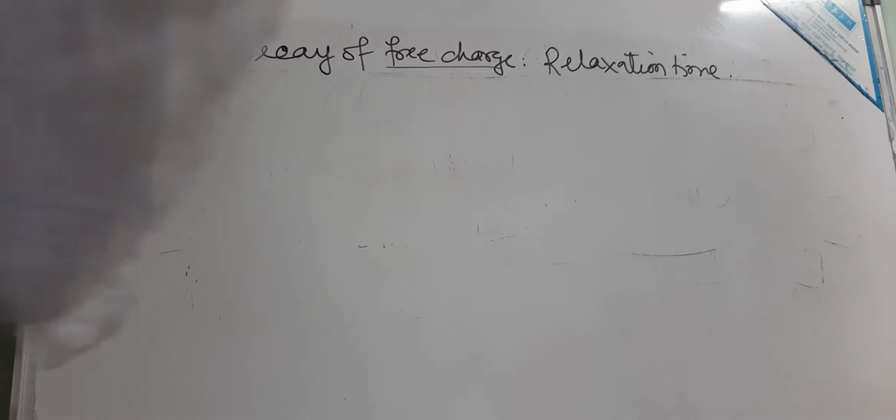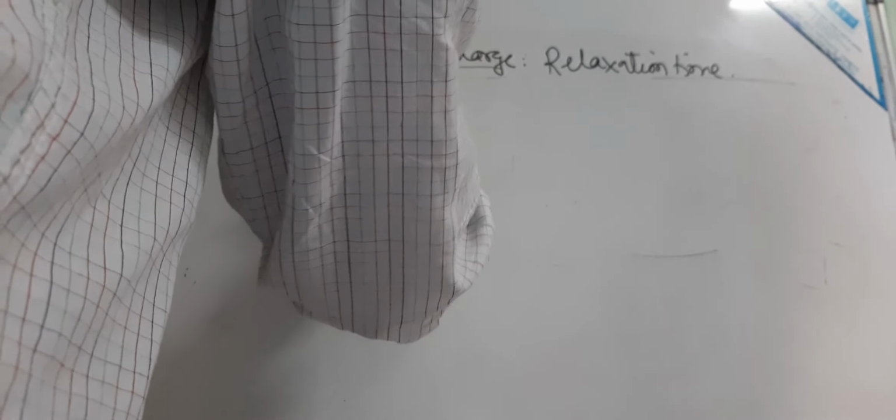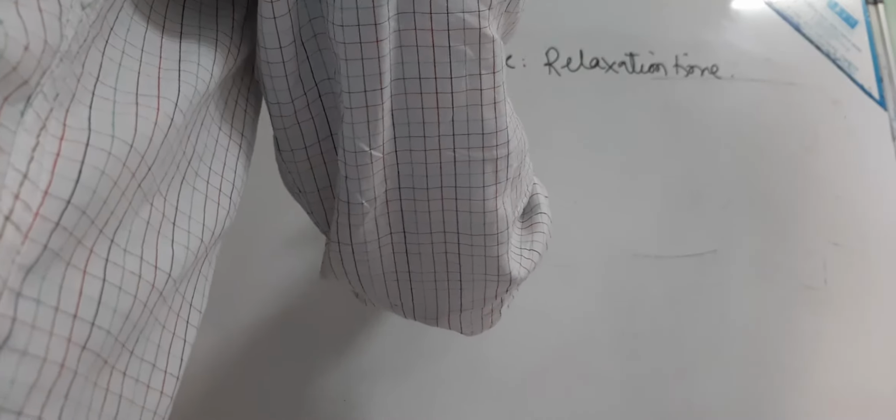Let us consider Maxwell's fourth equation, curl of H equal to J plus del D by del T, the conduction current density and the displacement current density. J equals sigma E, and D equals epsilon E, the displacement vector.